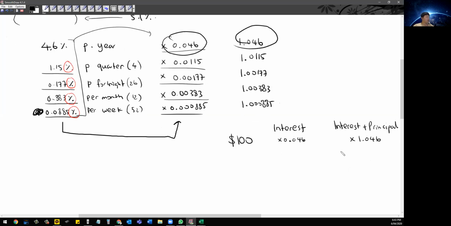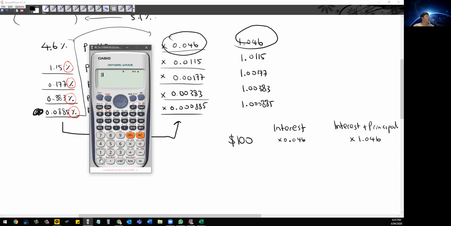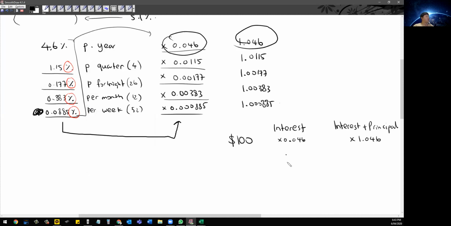Notice the difference? If you multiply 100 by 0.046, then you get $4.6, of course. Or if you multiply by 4.6%, it doesn't matter which way you do it, you get that. But that's just $4.6. If you multiply by 1.046, then you get $104.6. All good.